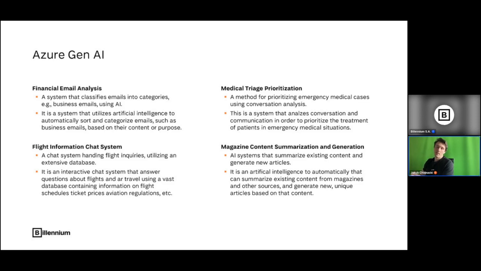The second is the flight information chat system. That is a system that would be mostly concerned about utilizing an internal extensive database. So in most flight systems, for each vendor, there are different versions of software, for instance.